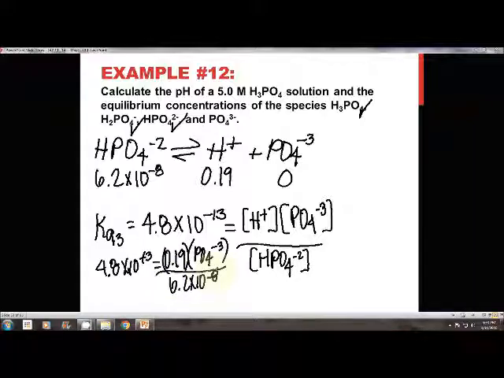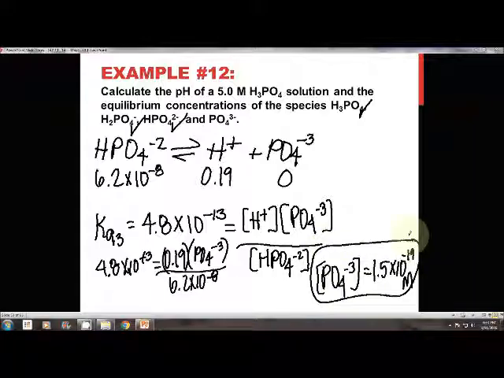Personally, I would multiply over the 6.2 times 10 to the -8 first and then divide by the 0.19. And when you do that, the concentration for the PO4 minus 3 at equilibrium is 1.5 times 10 to the negative 19 molar. And that's our fourth concentration that we need.